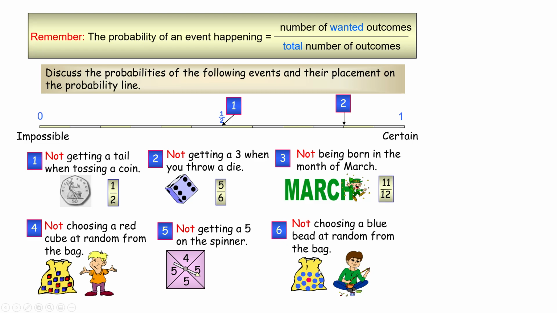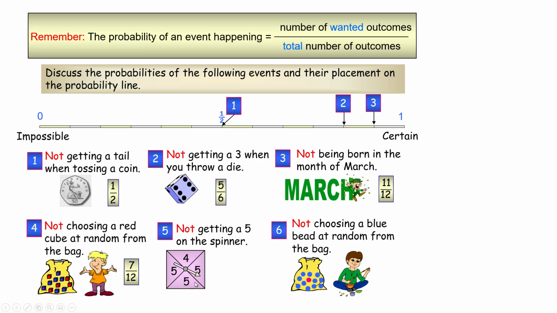Hopefully you're starting to see that the total probability adds up to 1. Not choosing a red, so that's going to be the probability of choosing a blue. So the total probability together will add up to 1. If it's 5 out of 12 for red, then it's going to be 7 out of 12 for blue. With the spinner, chance of getting a 5 is 3 out of 4.